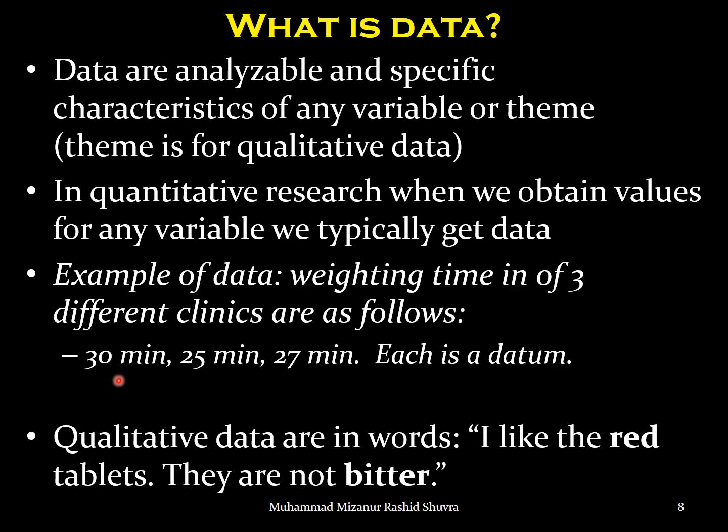And qualitative data are in words, like we said in our previous lecture. I like the red tablets. They're not bitter. So red is an attribute, bitter is another attribute. The theme here is choice for tablets, and the data are in words: red, bitter.